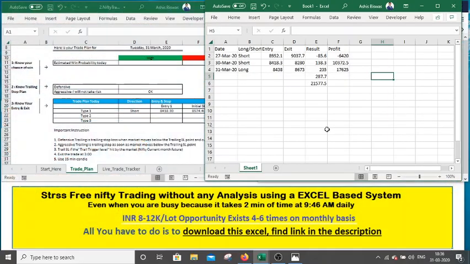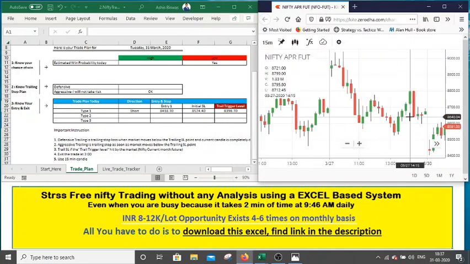So yesterday your entry was 8418.30 and 8280 was your exit. There was a 138 point gain yesterday, which was around 10,372.5.